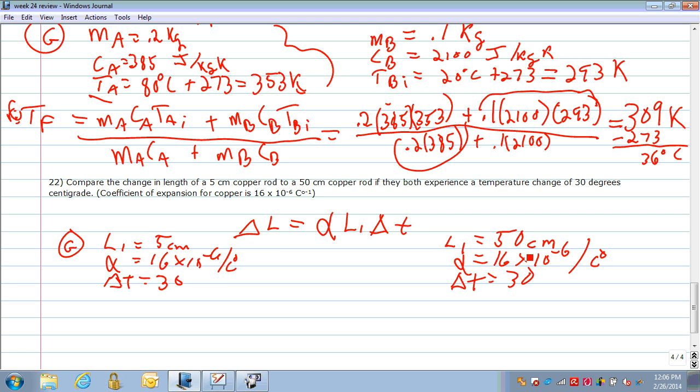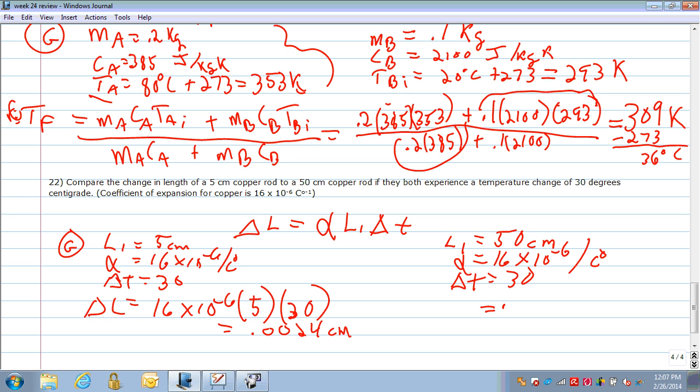All right. If I want to know what the change in length of this one is, it would equal 16 times 10 to the negative 6th times 5 centimeters times 30. And if you do that correctly, you're going to get 0.0024 centimeters.